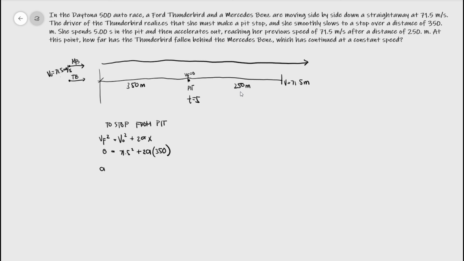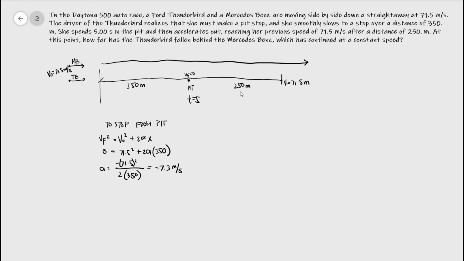Getting the value of a is negative because it is decelerating: 71.5 squared, put a quantity here, then twice of 350. Therefore the deceleration of the Thunderbird is approximately equal to negative 7.3 meters per second squared.